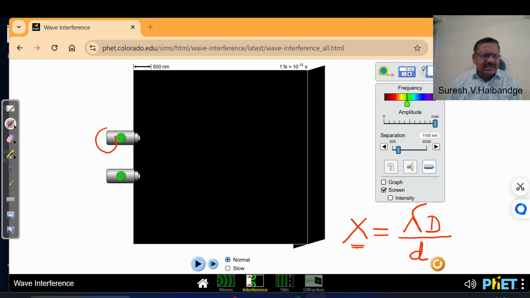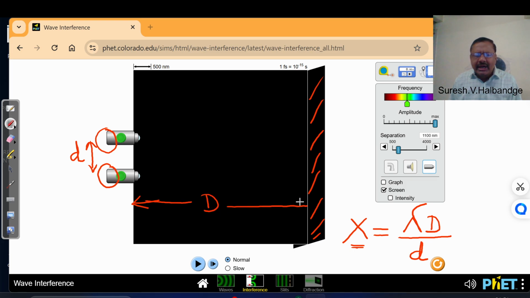So this is one source, this is another source. These are the two coherent sources. The distance between these two coherent sources is small d. And this is your screen. And the distance between the source and the screen is denoted by capital D.